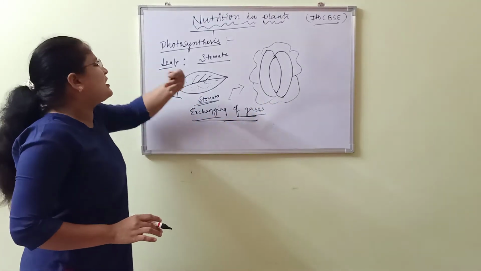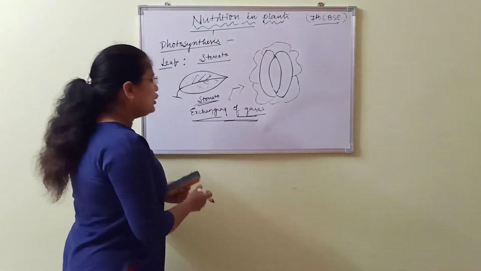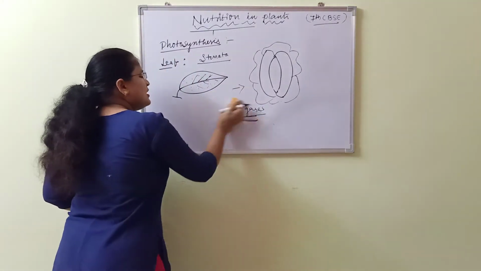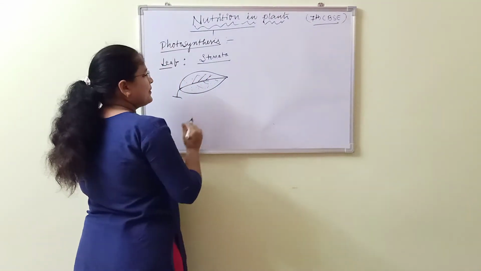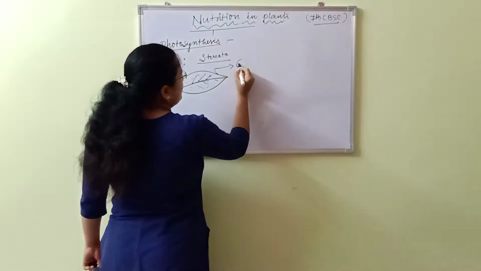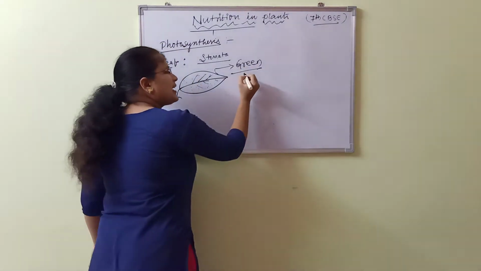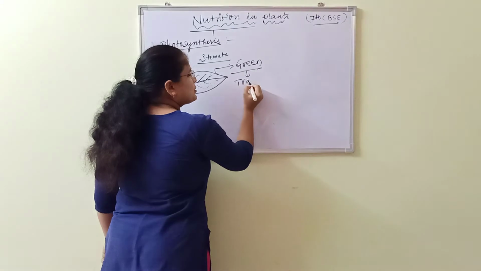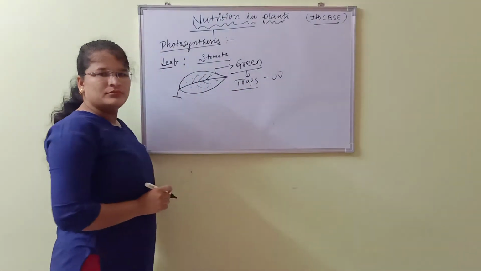And what is the other organelle it contains? What is the other component it contains? If you observe, most of the leaves are green in color. Green color traps or attracts the sunlight.